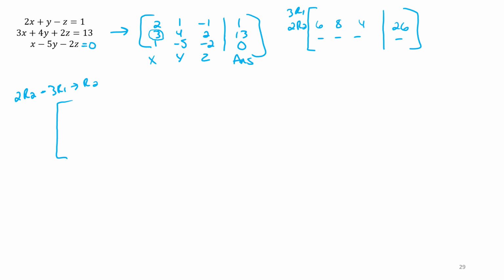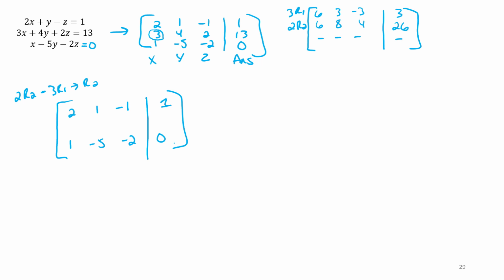So 3 times 2 is 6. 3 times 1 is 3. And 3 times -1 is -3. And 3 times 1 is 3. And since we're going row 2 minus row 1, we keep our top row, 2, 1, -1, and we keep our row 3, so 1, -5, -2, 0, and 1.